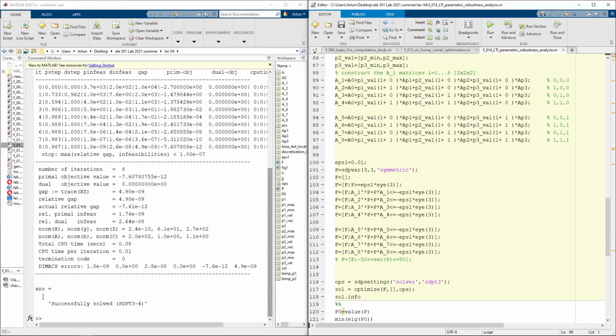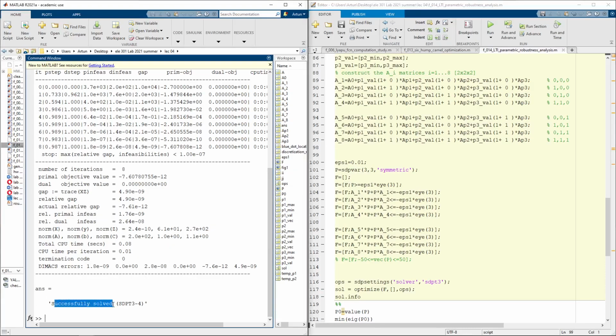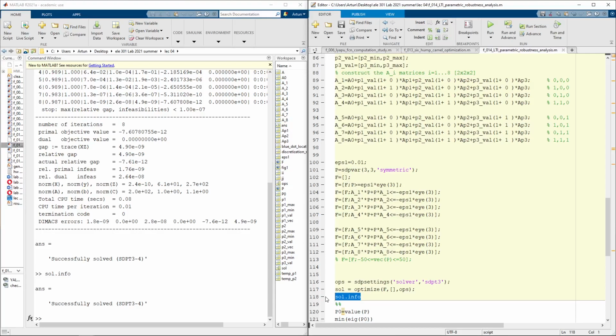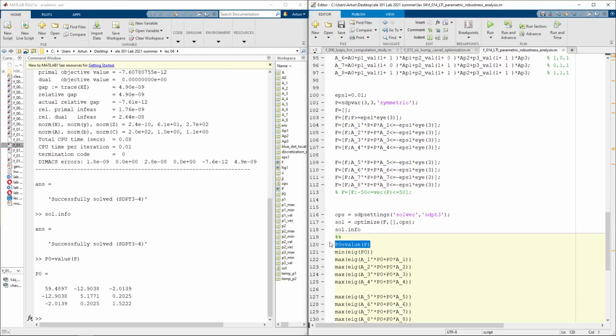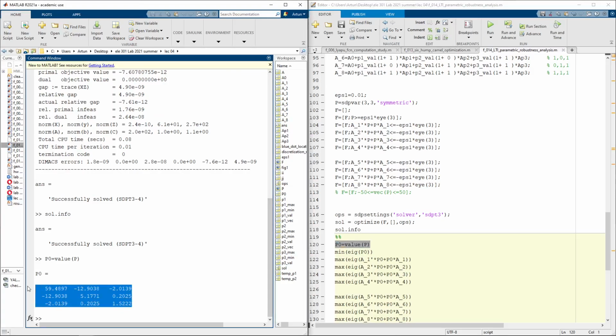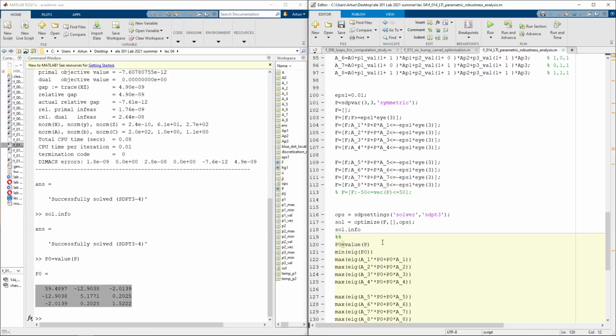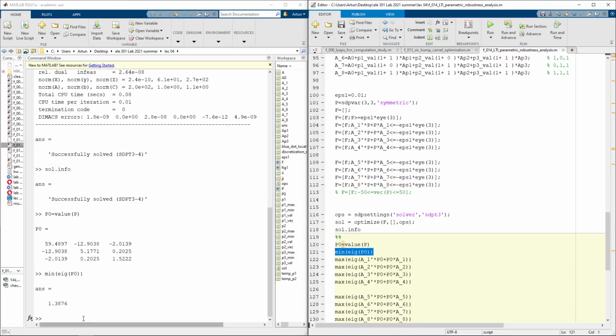All right, and perfect. We see the successful result. That's really great. Let's check what our P value is. Here the P value is this. Let's check the constraints one by one. The first constraint was P being positive, so the minimum eigenvalue of P must be positive, and that is the case here.